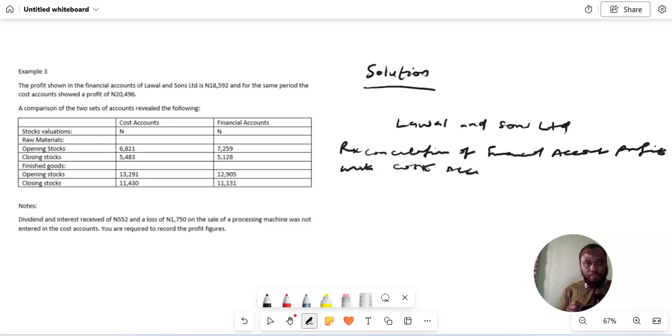Please kindly ensure that when you are preparing your account, you make it neat and professional, because I'm using a tab and a pen to write on the screen here.